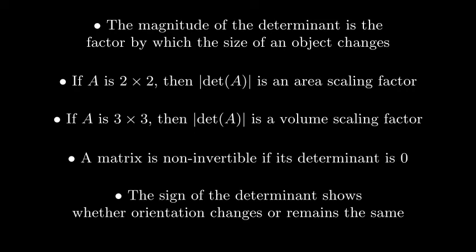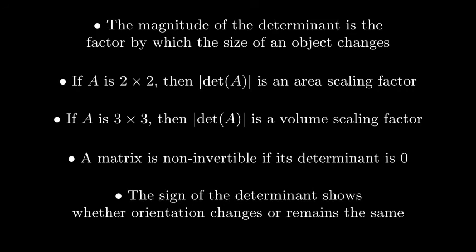We can also talk about orientation in 3 dimensions using the right-hand rule, but orientation in higher dimensions is harder to visualize. However, in all cases, the idea is the same. If we have a negative determinant, then clockwise becomes counterclockwise, right-handed becomes left-handed. It's like looking in a mirror.